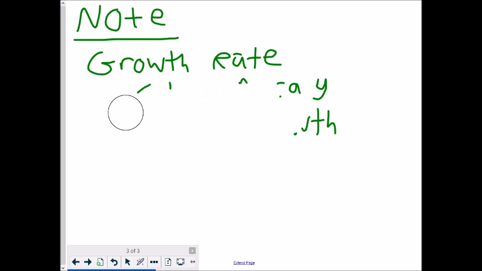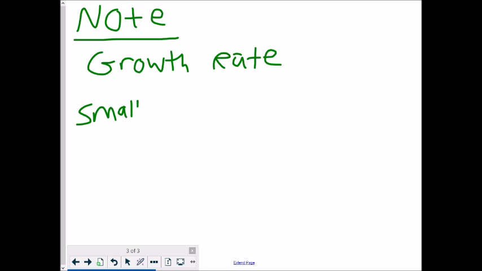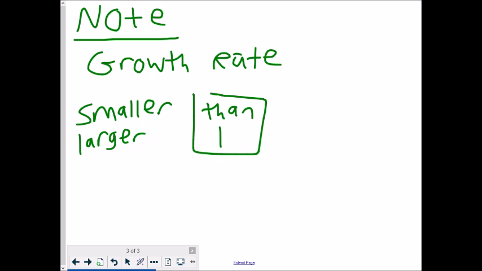To be on the safe side, let me write that out. Smaller, larger than 1. If it's smaller, it's decay. If it's larger, it's growth.